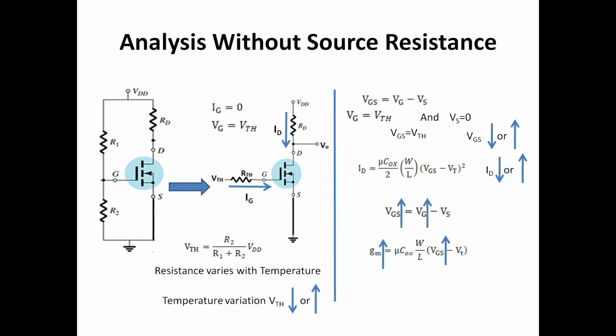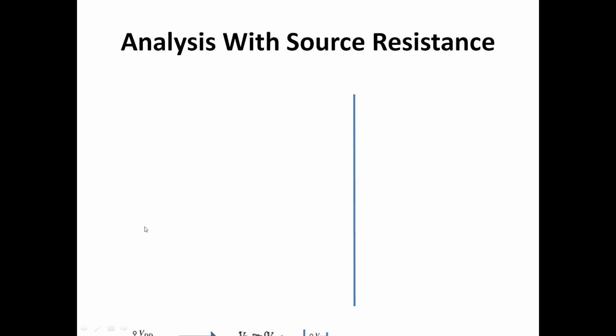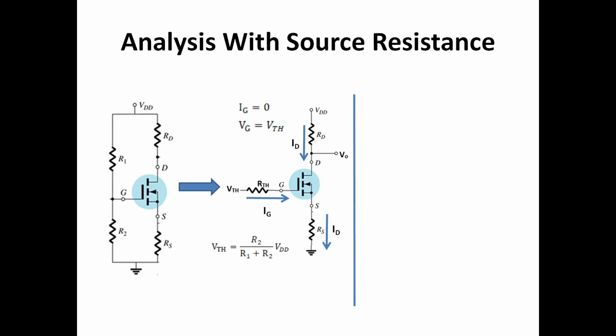Now let's have a look at the common source amplifier circuit which has a source resistor Rs. Now if I simplify this circuit, it will look like this circuit. So this ID current will pass through RD and Rs, and we know there is no gate current, so Ig is equal to 0.